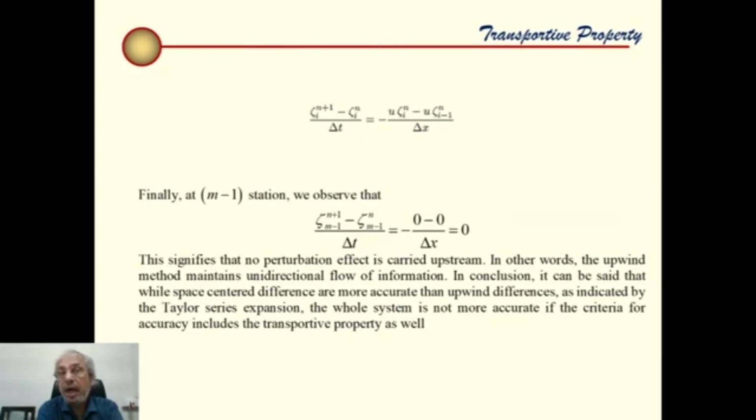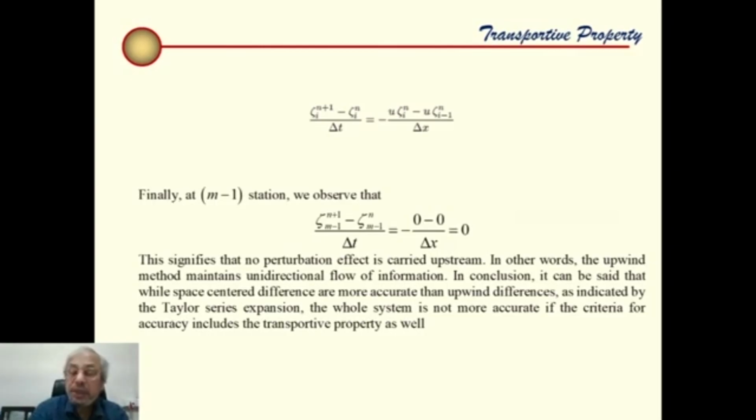So the finite difference quotient will be very appropriate if this effect is included, if this effect is mimicked in the formulation. And that is what is done if we introduce upwinding.